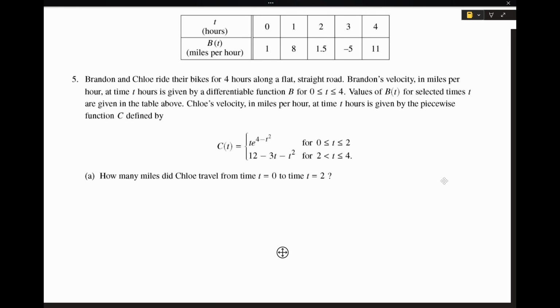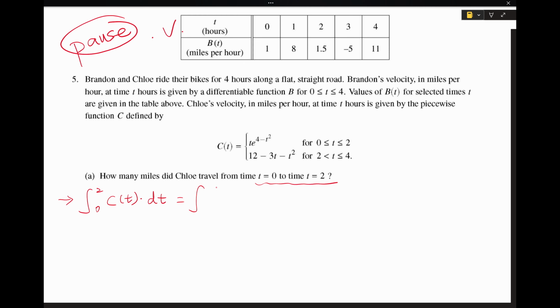Okay, first please pause to have a look at the question. Based on the information of the question, the distance would be equal to the integral of c(t), since c(t) is the velocity. And the integral is from 0 to 2.